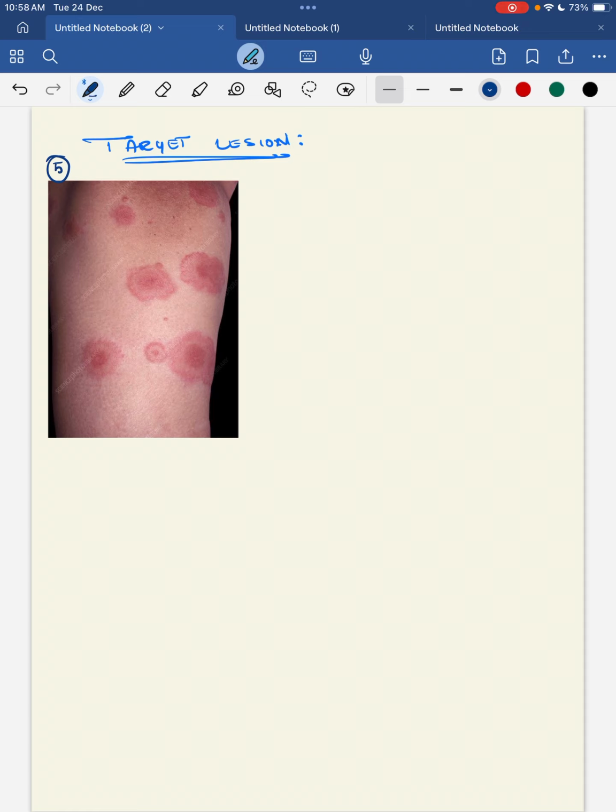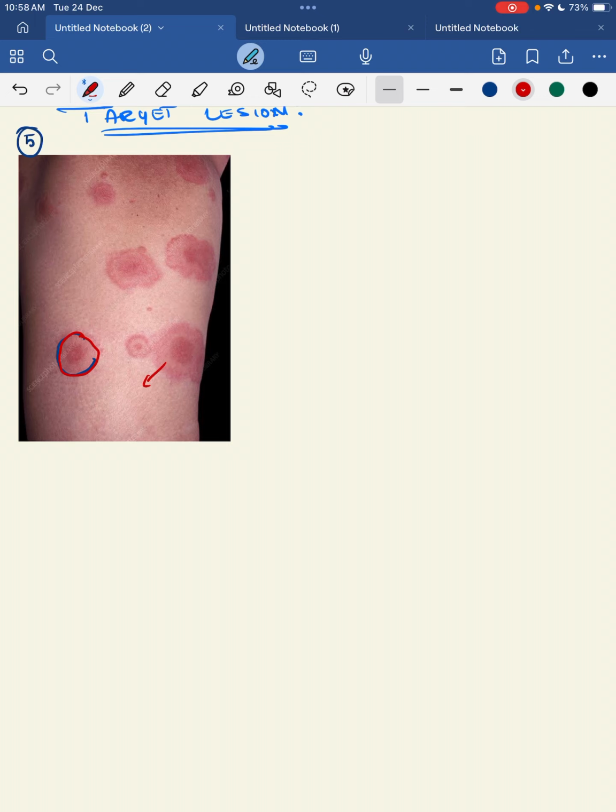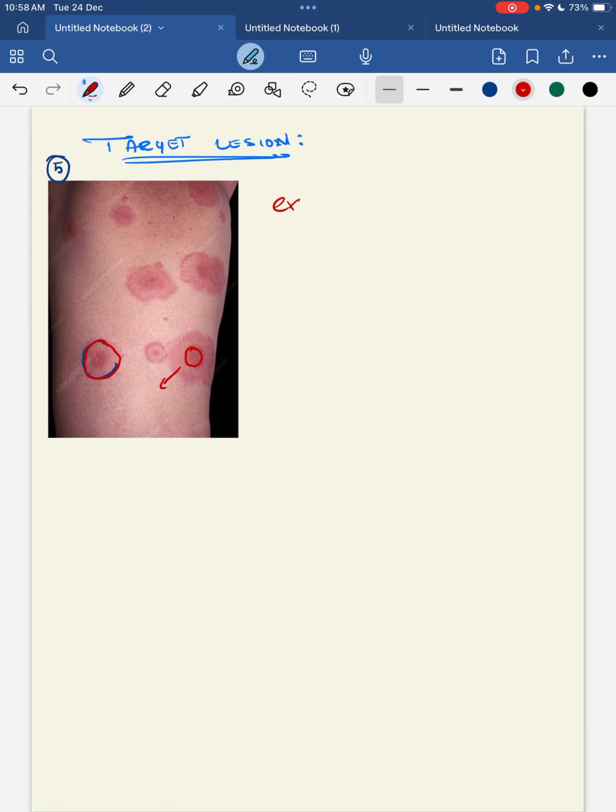Examples of target lesions: first one is erythema multiforme. Erythema multiforme is a hypersensitivity reaction which will have a symmetric distribution involving mainly your upper extremities.